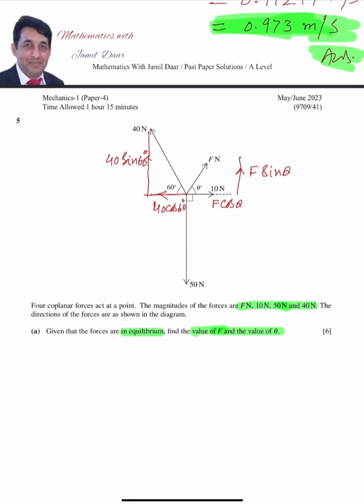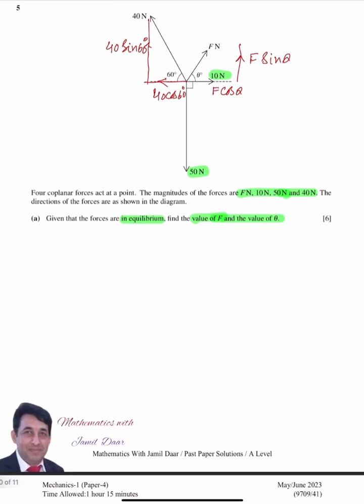The other forces are already in the horizontal and vertical positions. I mean, this 10 and 50 are already in the vertical and horizontal directions. So we'll make a box to write all these down so that we don't make any mistake.